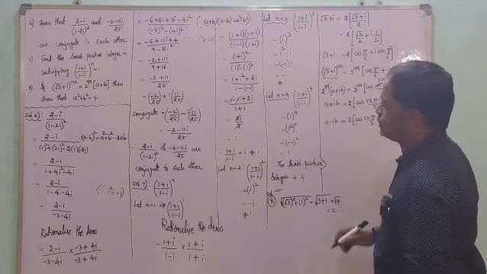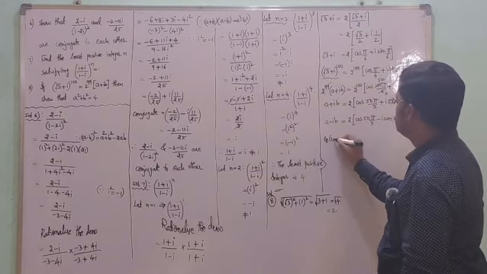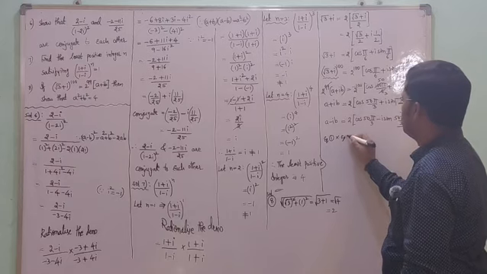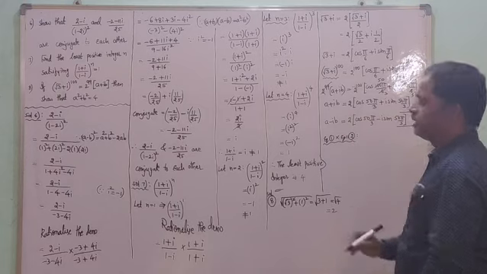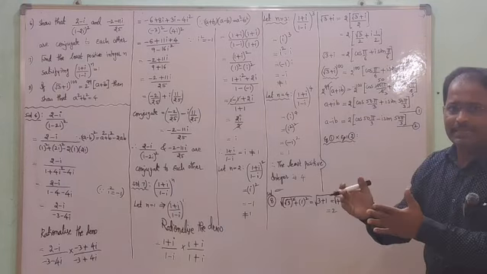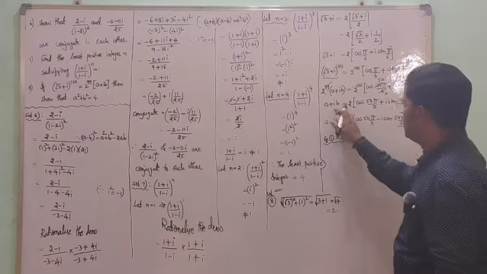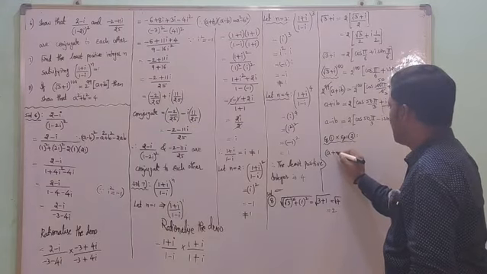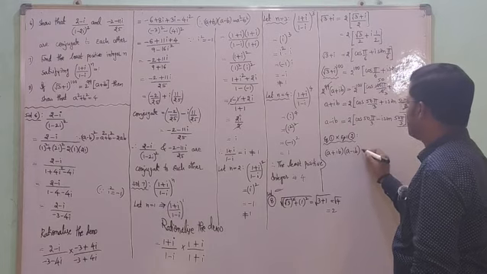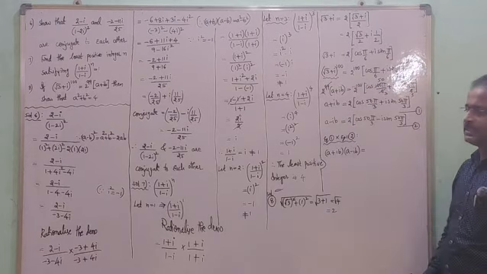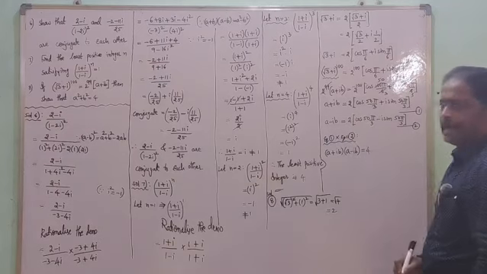Right. So now the product of equation 1 into equation 2. Equation 1 into equation 2 means LHS into LHS, RHS into RHS. This one (a + ib) into (a − ib) on the left side, and on the right side 2 into 2 is 4. Clear?